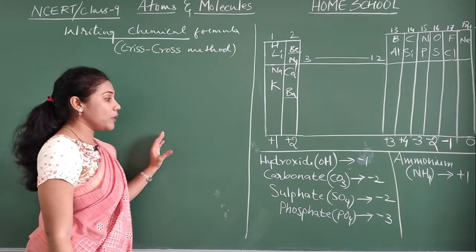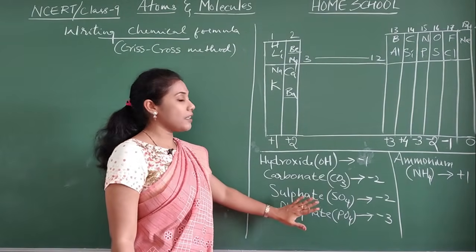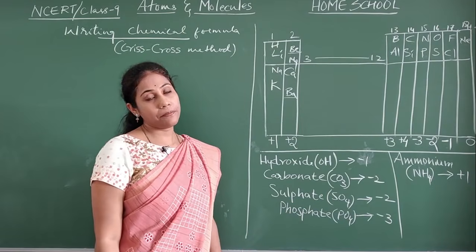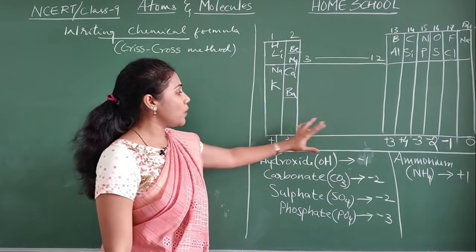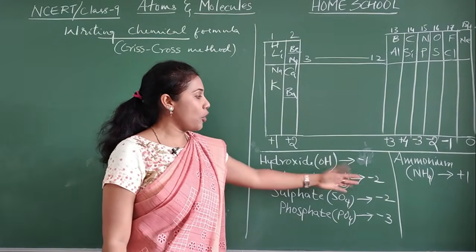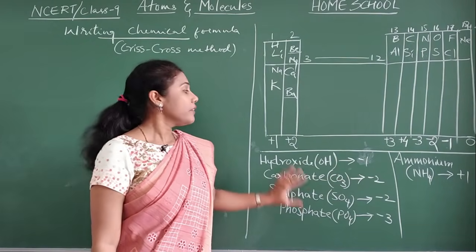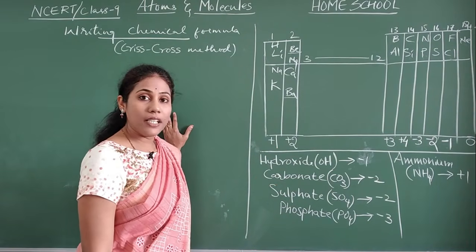Okay, and to write a chemical formula, this is the basic thing you must understand very clearly. You must understand what element has what valency and which group has which charge or valency. Without this idea you cannot write chemical formulae.